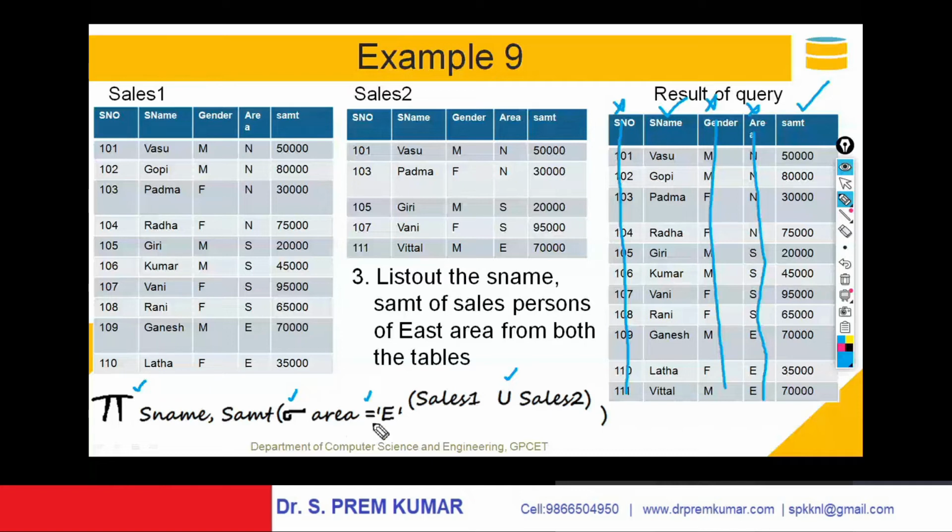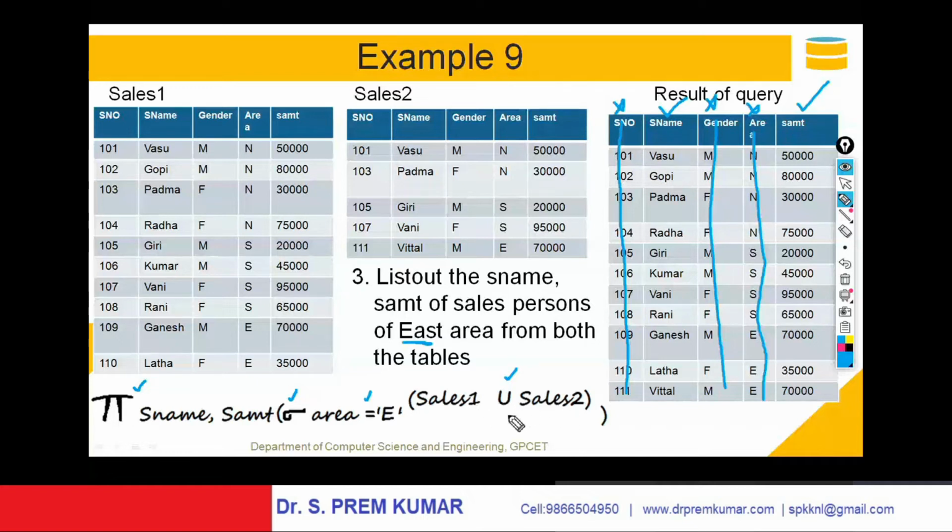Select area equals to east. He is asking only for eastern salespersons from both the tables. As he is saying, from both the tables I am performing the union operation. That is the reason I am doing sales 1 union sales 2.